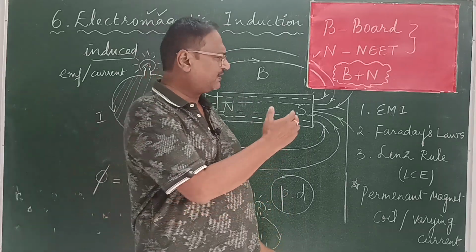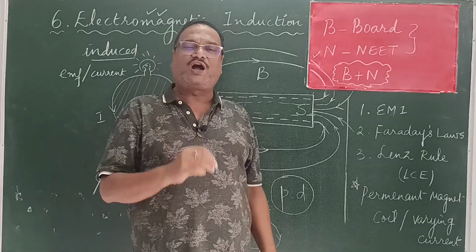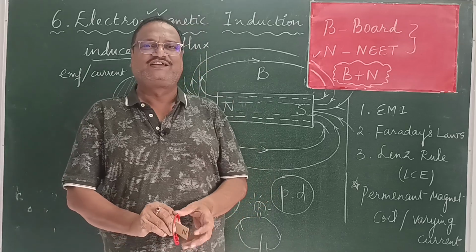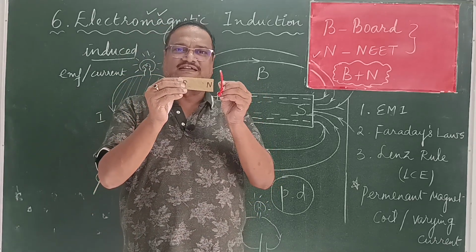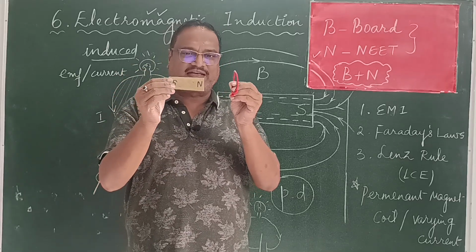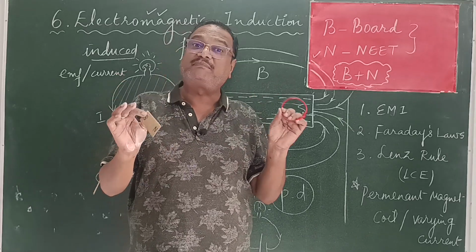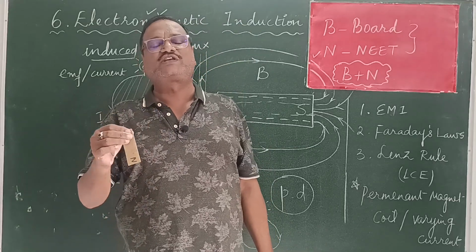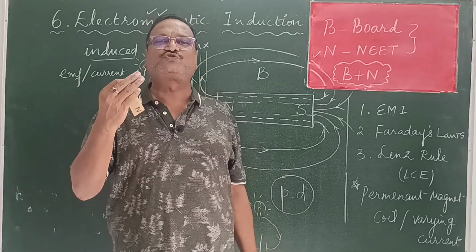Faraday, he brought two laws for that. So, how do you define electromagnetic induction? Whenever the magnetic flux across a coil changes, an EMF is induced, which induces a current, and that current is called induced current.